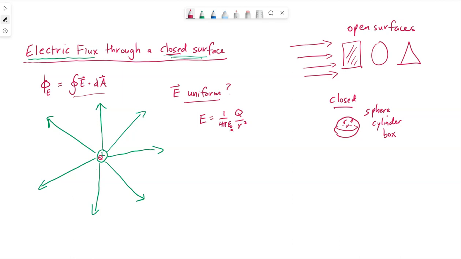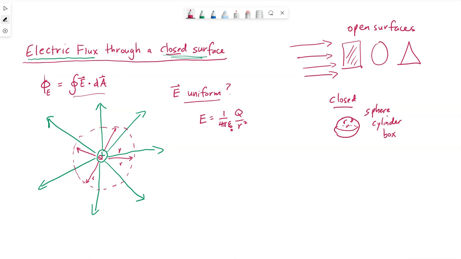I know the electric field will be the same value, the same distance from the point charge. So as long as this distance r is the same, this electric field is going to be uniform.